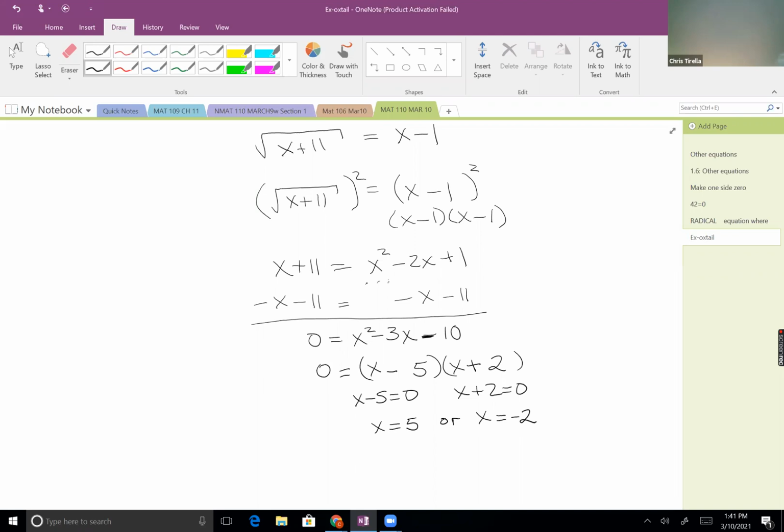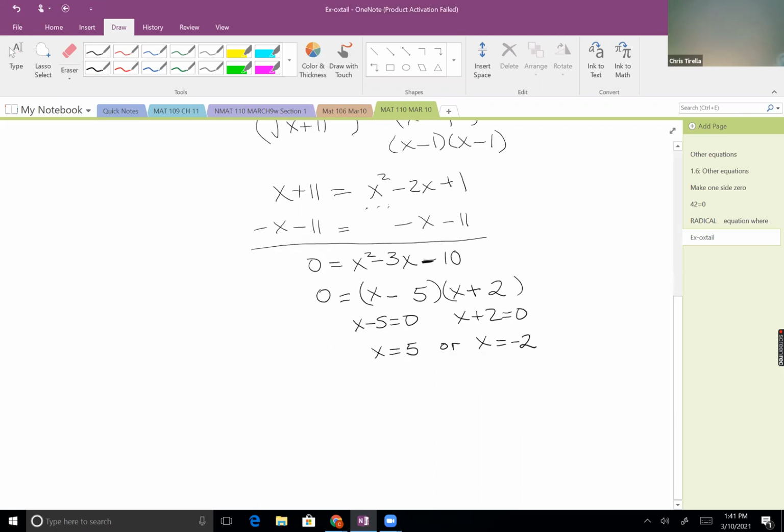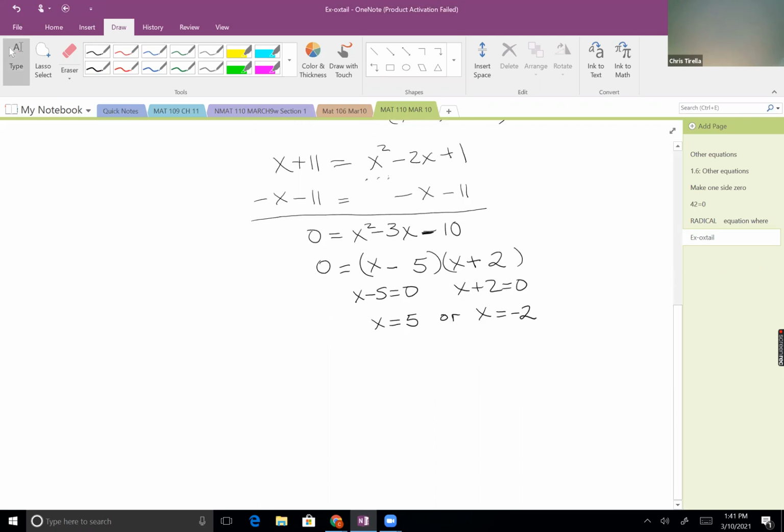But again, with these, that check is super important. The original equation was x minus the square root of x plus 11 equals 1.